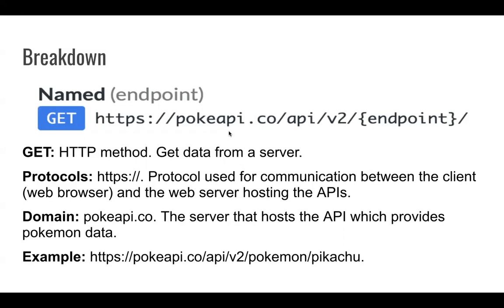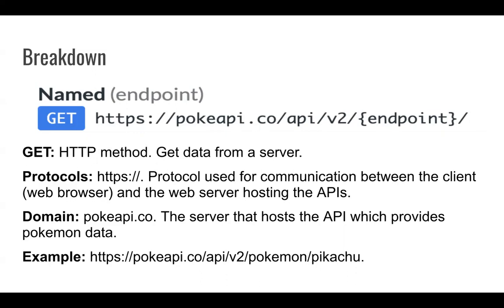And pokeapi.co is a domain which we specify, where we can get our data from. In this case, the web server that we're talking to has this name, pokeapi.co. And then the rest can be just the path, which is usually designed by the development team.